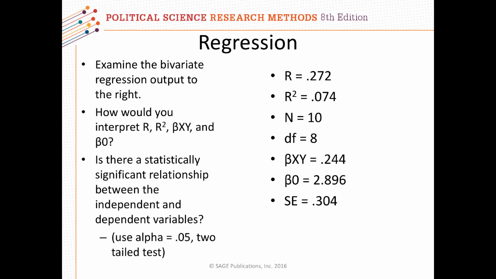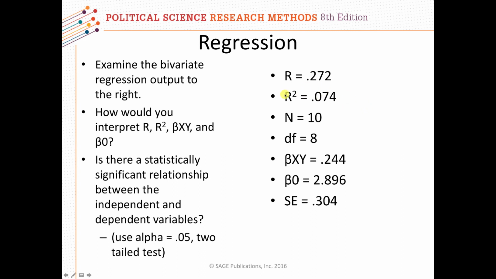So the issue is for us to figure out how to interpret a regression. Imagine that you have this output. When you have a regression, you're going to have r squared, a slope, and a y-intercept. r squared tells you the percent of the variance in the dependent variable being explained by the model, or your independent variables.